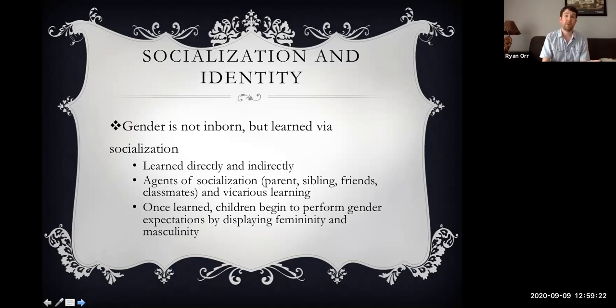You perform it. So, if I came into class and I was very shy, cowering all the time, somewhat emotional, you could say that biologically speaking, Dr. Orr is a guy, but he doesn't act like one. And that's the distinction we make in sociology.